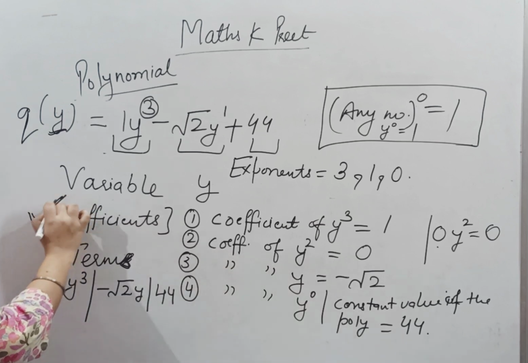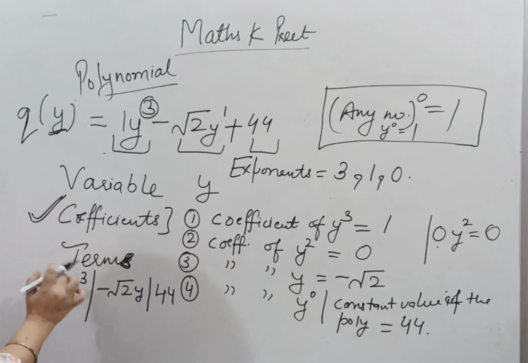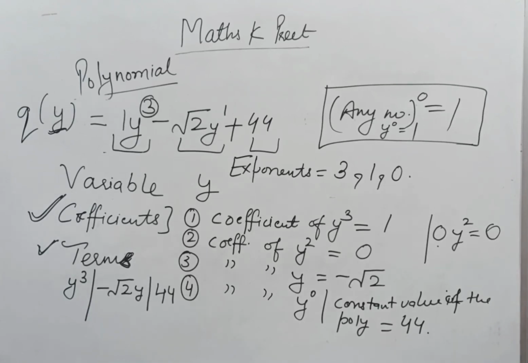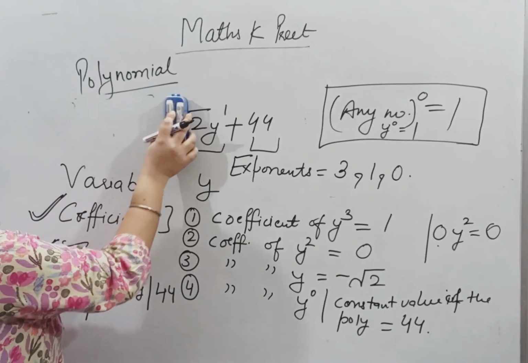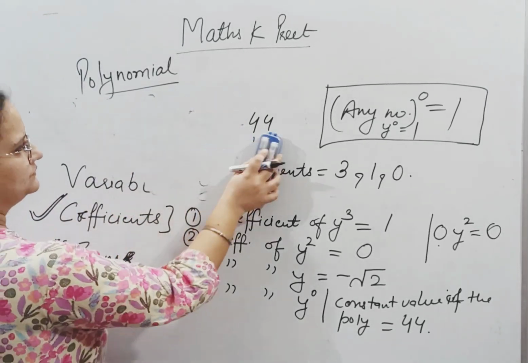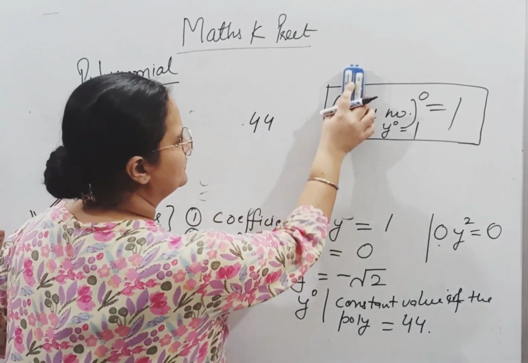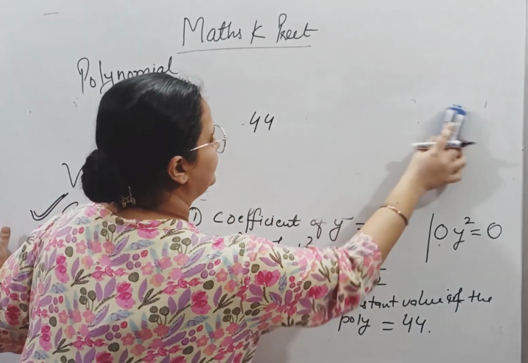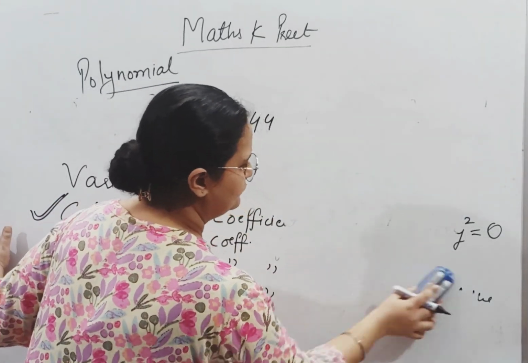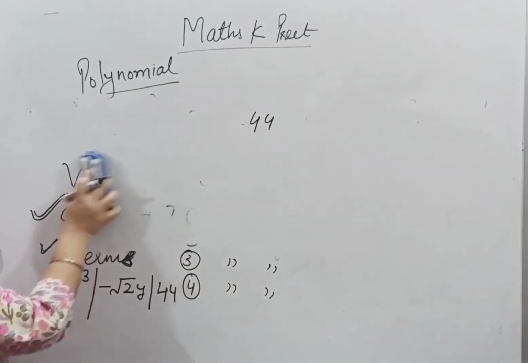So this was a new topic. Among these, coefficients and terms were also covered. Next is the constant polynomial. Let's see what a constant polynomial is. If I am writing only 44, 44 is a constant.